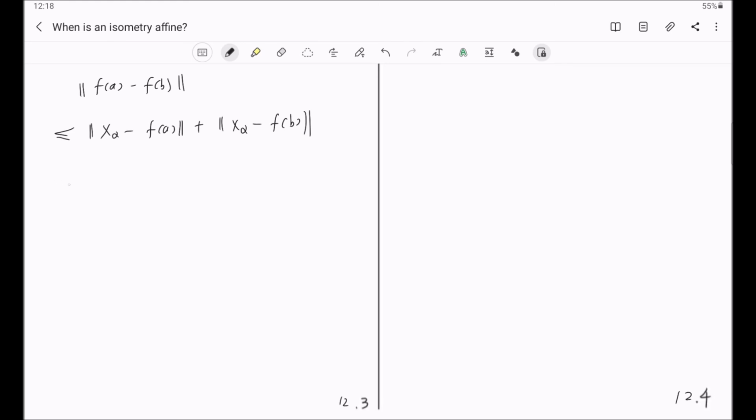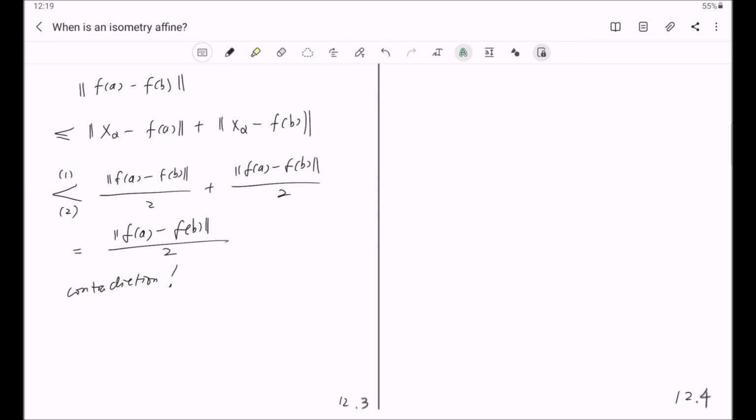And this, by the inequalities 1 and 2, will be strictly less than half of the norm of f of a minus f of b plus half of the norm of f of a minus f of b. So we get the contradiction.